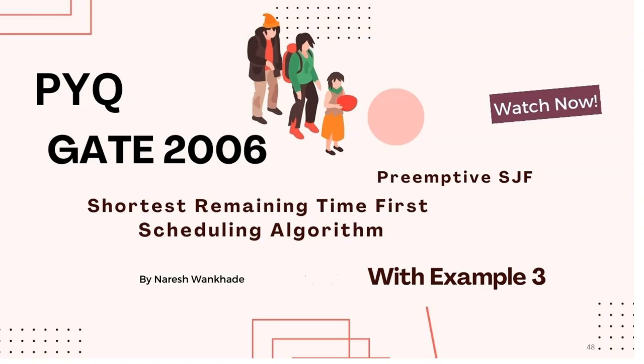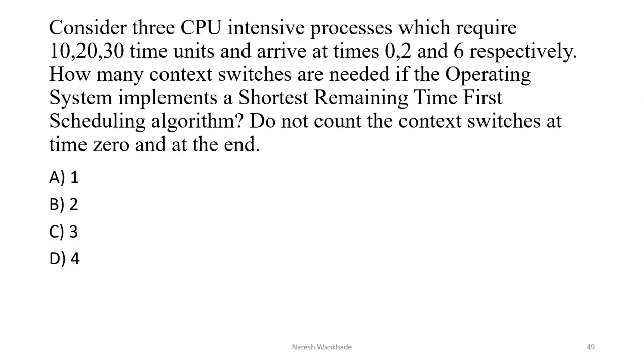Hello friends, in this video lecture, we will see a problem based on the shortest remaining time first scheduling algorithm, which was asked in the GATE 2006 examination. The problem is: consider 3 CPU intensive processes which require 10, 20, 30 time units and arrive at times 0, 2 and 6 respectively.